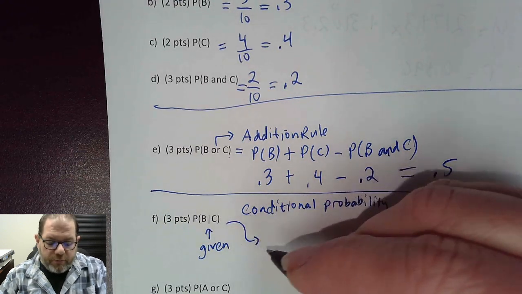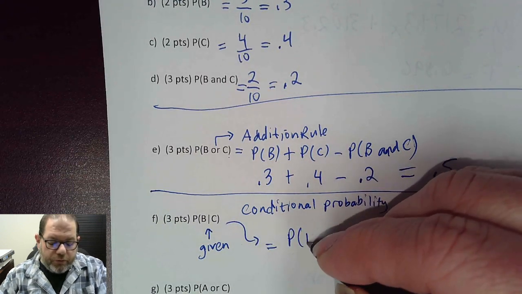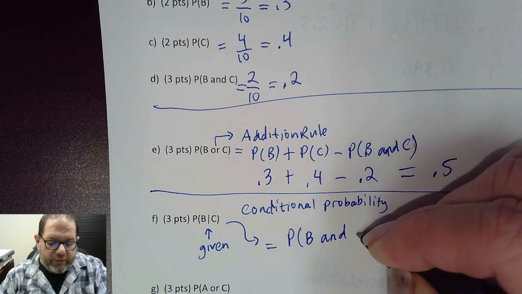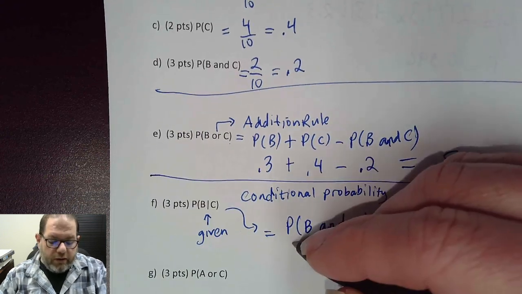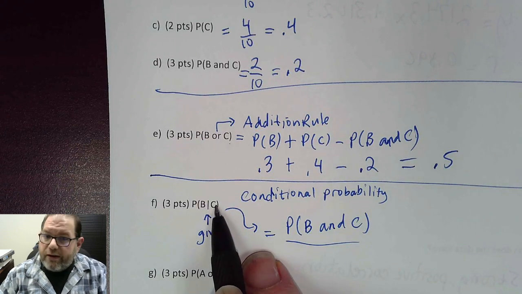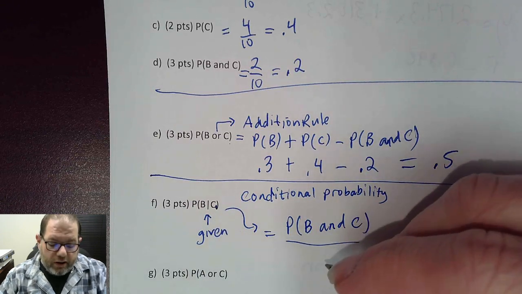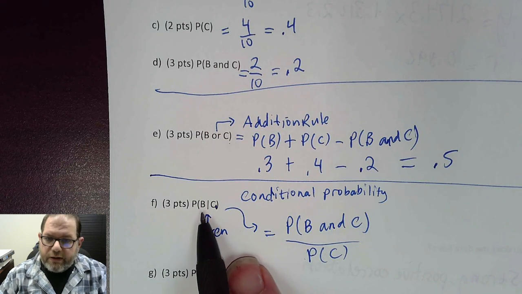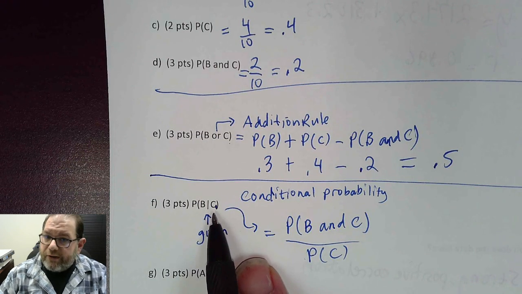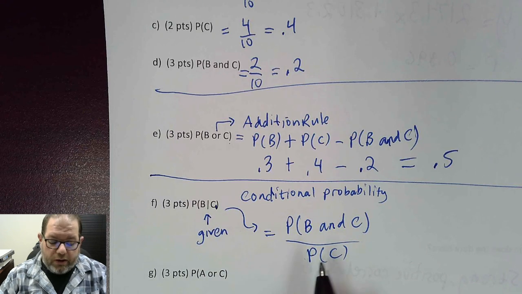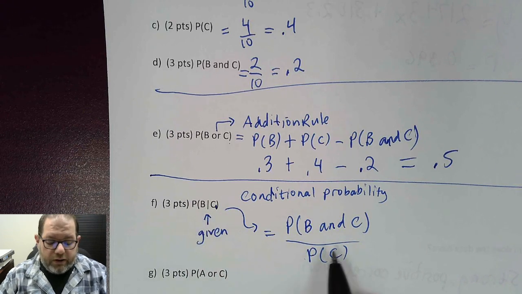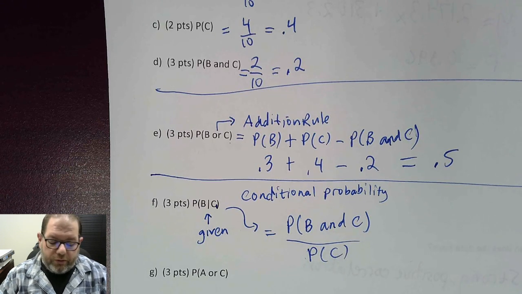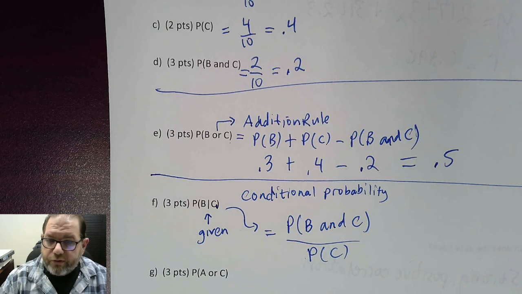And in conditional probability, this means we want the probability that both occur, which in this case is the probability of B and C, divided by the one that's given to occur, which in this case is C, whichever one comes second in this probability statement. Okay, because when we say the probability of B given C, that means we know that C has occurred, so we're considering that likelihood. What's the probability that B also occurs? And that kind of utilizes the multiplication rule.